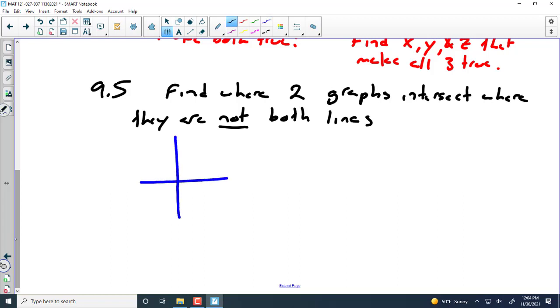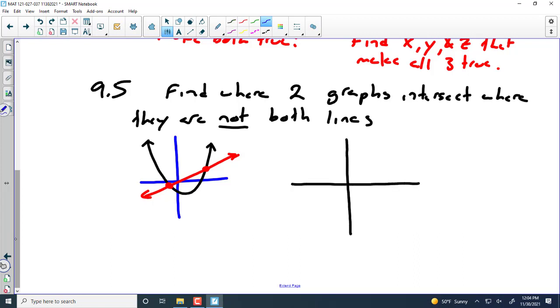You're going to find where two equations intersect where maybe one of them is not a line. So we're going to find maybe where a line intersects with a parabola. Or, we'll do my favorite, we'll find where an ellipse intersects with a hyperbola.